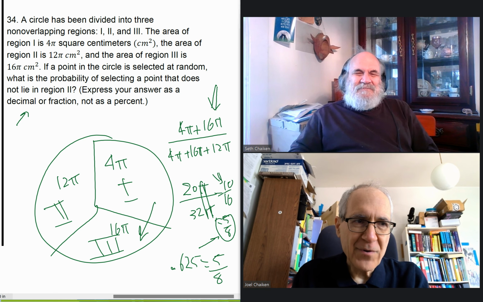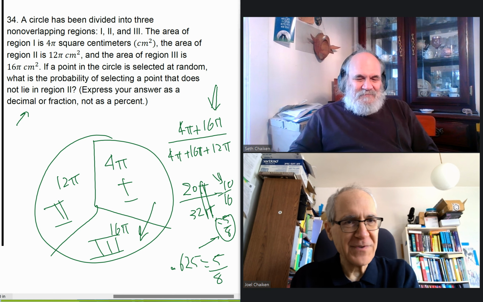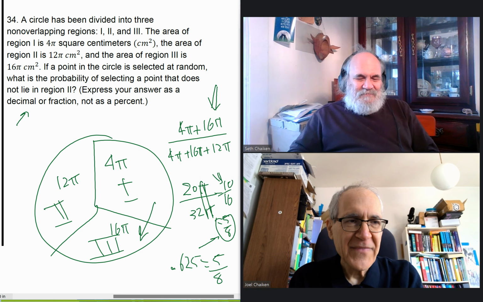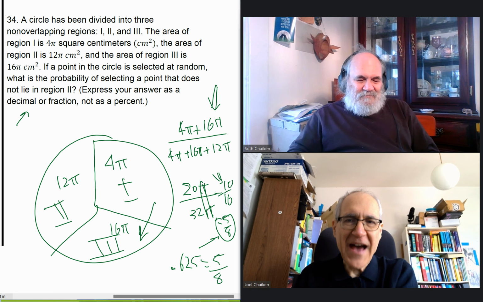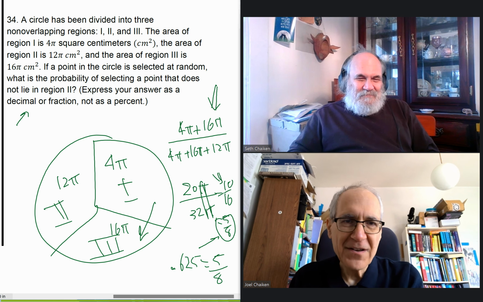So, what are our four questions? We'll start with the first question. Is there a pattern to this question that would help you do it fast? Not really. Well, all the areas are integer multiples of pi.